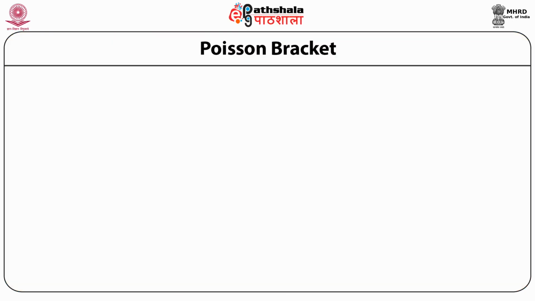Hamilton's equations in classical mechanics expressed in the form of Poisson bracket are very similar to the Heisenberg equations in quantum mechanics. We will first define Poisson bracket.